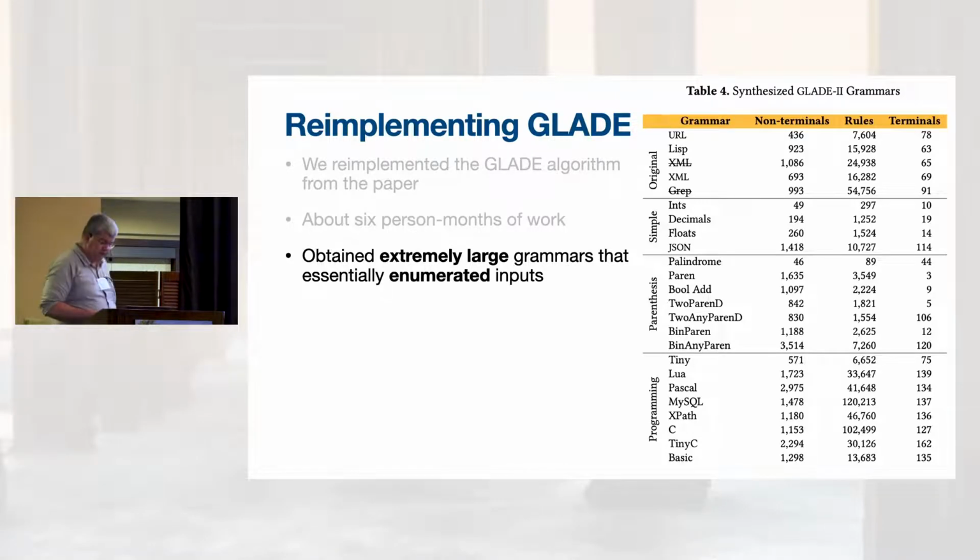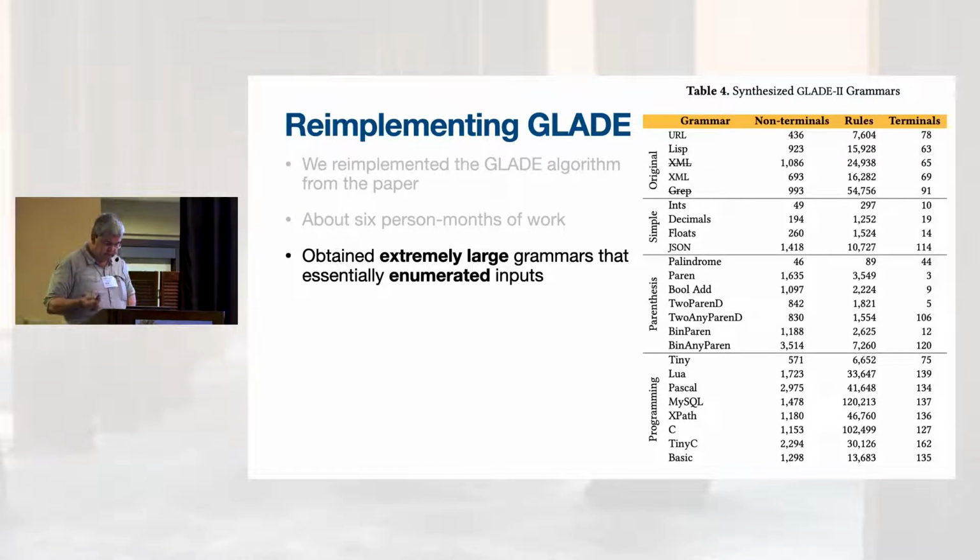Here's data from our re-implementation, and you can see that these numbers are very large. For MySQL, for instance, we have 1,500 non-terminals and 120,000 rules, which is large even for a SQL grammar. This also tells you that each expansion of any non-terminal in that grammar has about 100 alternatives on average.